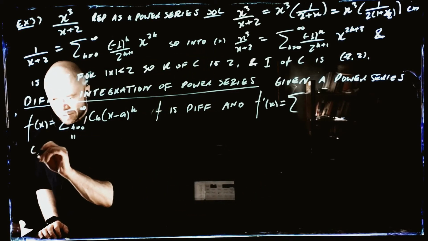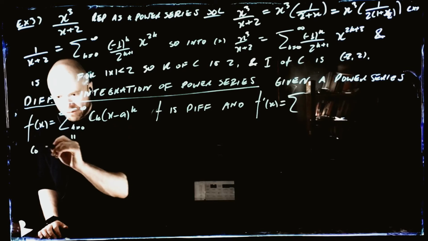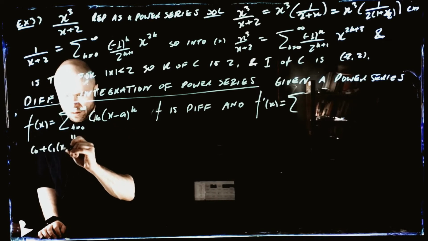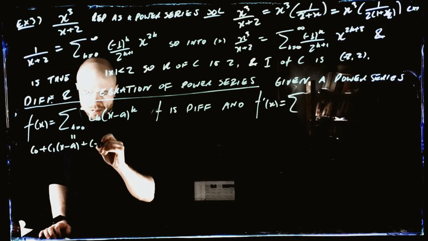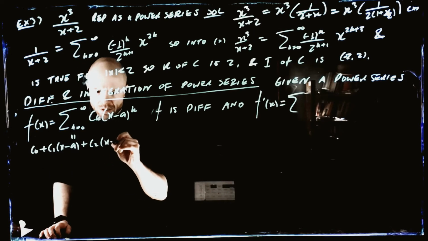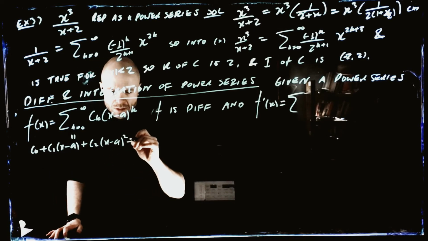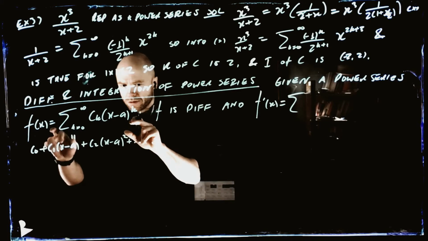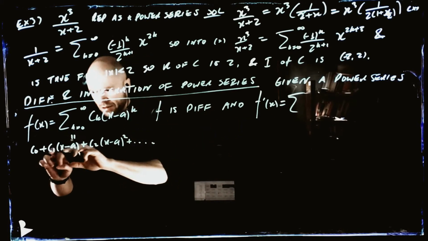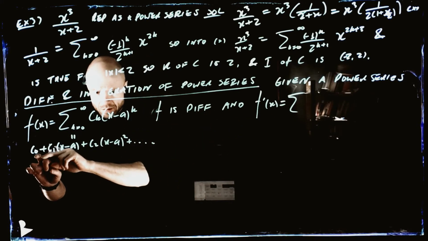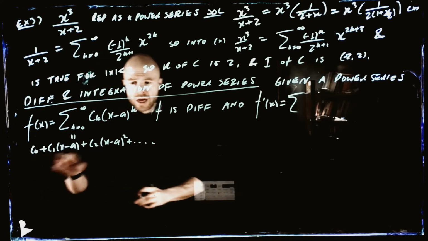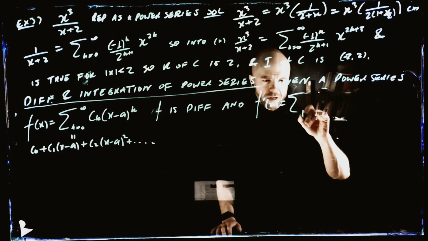So let's write out the first few terms just to clarify. When k equals 0, we have this. k equals 1, we have this. When k equals 2, we have this. And then so on to infinity, right? So when we differentiate something like this, then this first c0 term will just vanish. So we start our index when k equals 1.